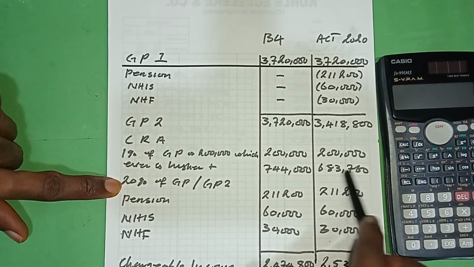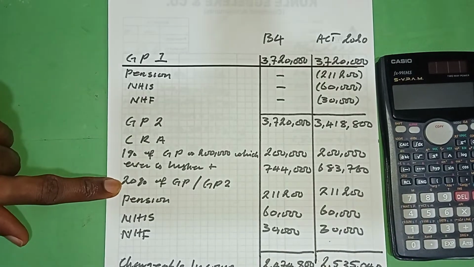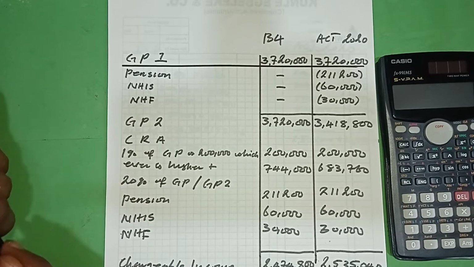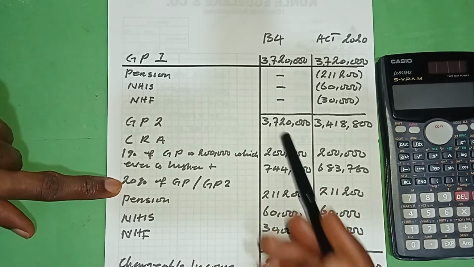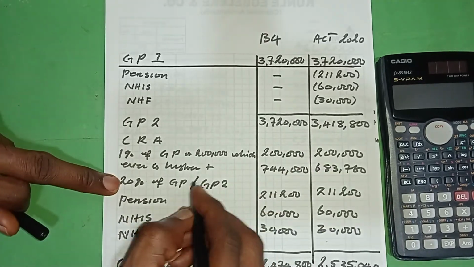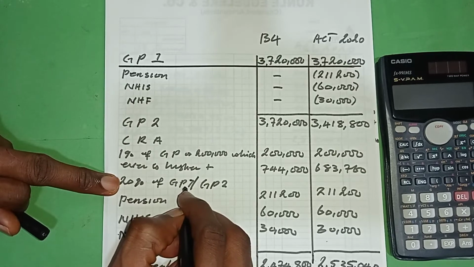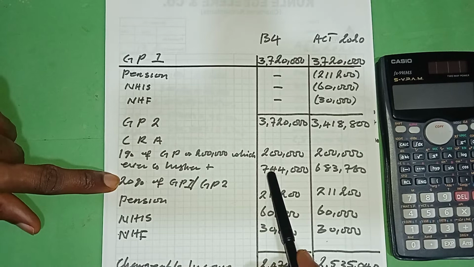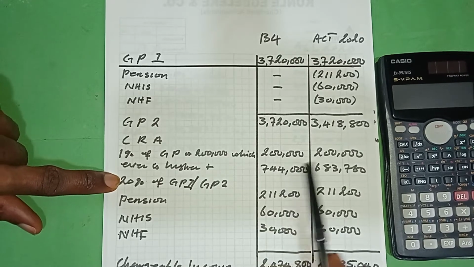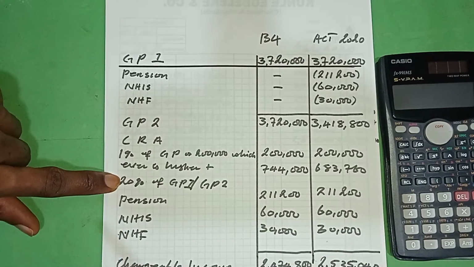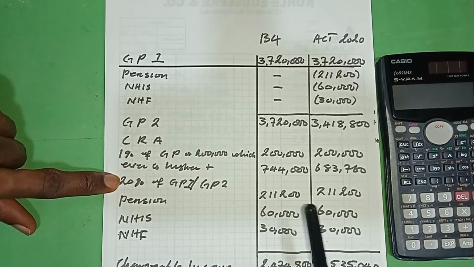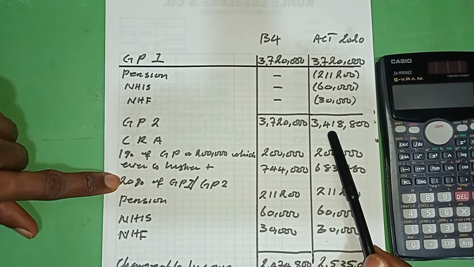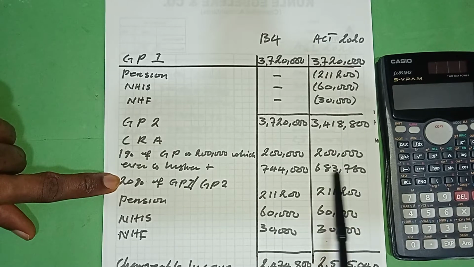We'll give you this figure. Listen again. 20% of your GP before the Finance Act is on your GP1, which gives us this figure. Now, the Finance Act says that the 20% will be on your what? On your GP2, not GP1. On your GP2, that will give us this.